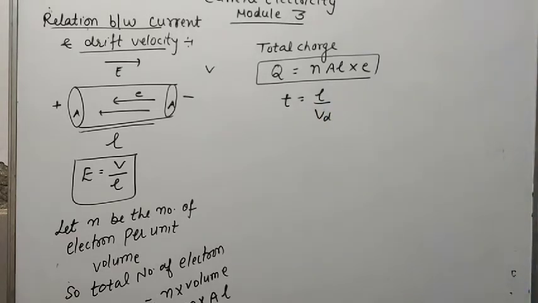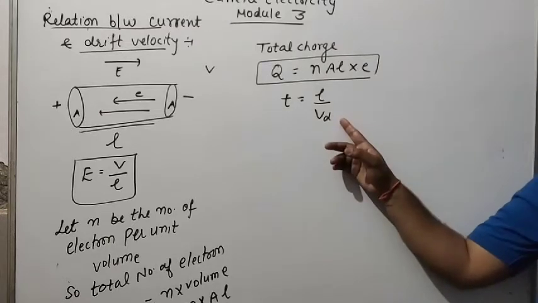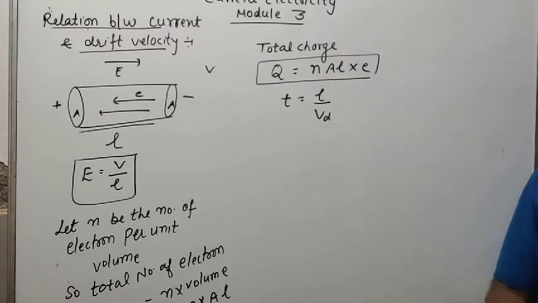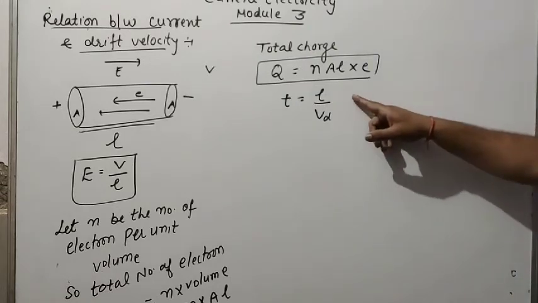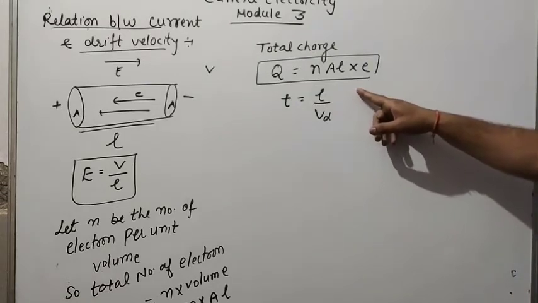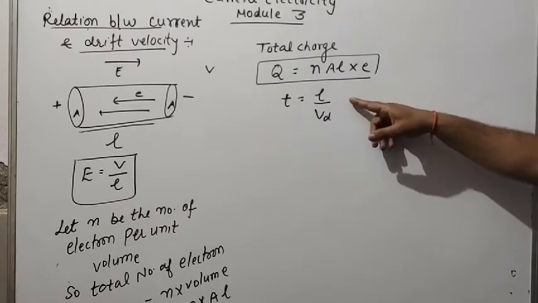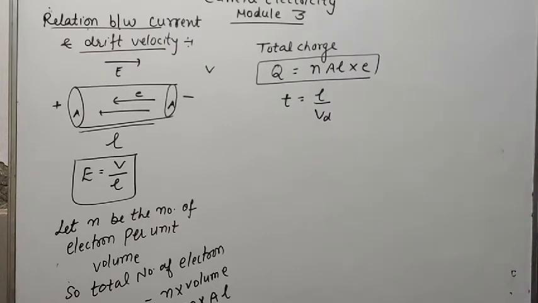What is Vd? Vd is the drift velocity. So this is Q and this is L by Vd. Clear? Why did I write this? Because the formula of time is length by drift velocity.